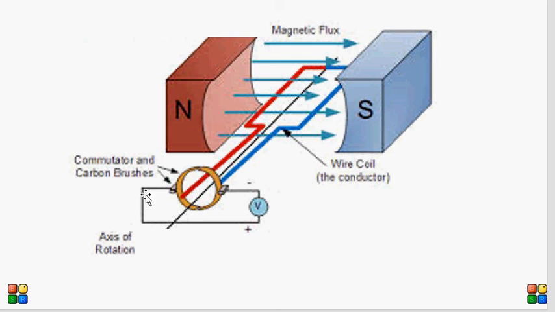There are commutators or carbon brushes, and a commutator assembly that helps in rotating. There are commutators and voltmeters, and we can connect this circuit to a bulb. This gives a direct current.